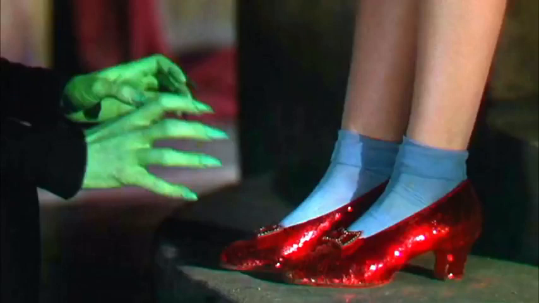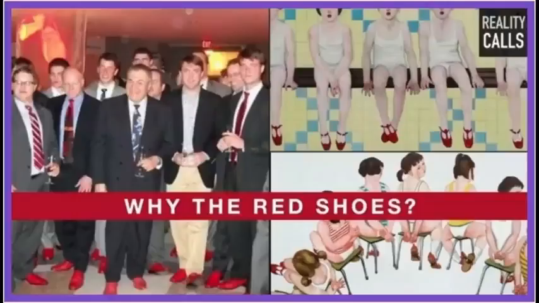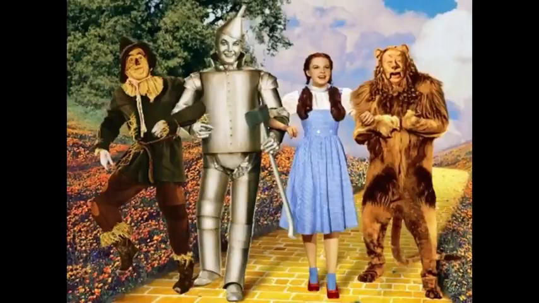Notice the red shoes. Do you remember what Macaulay Culkin said about the red shoes? Dorothy and her unlikely band of friends must follow the yellow brick road to the Emerald City to ask the wizard if she can be sent home.